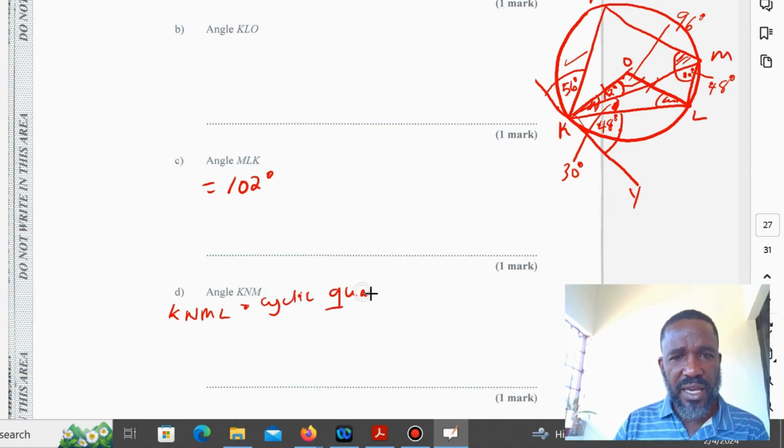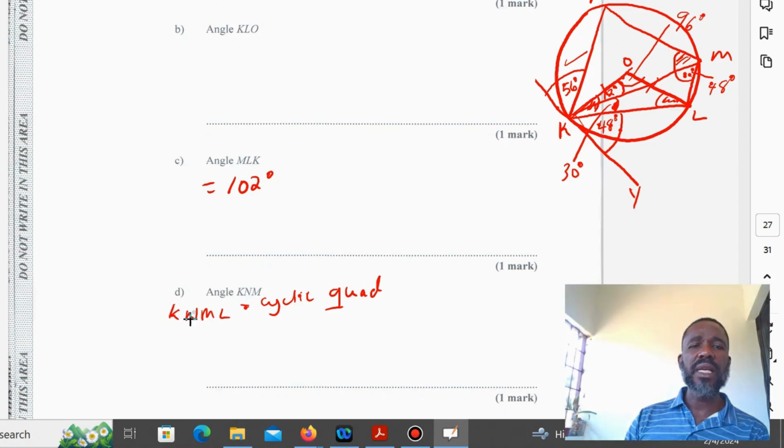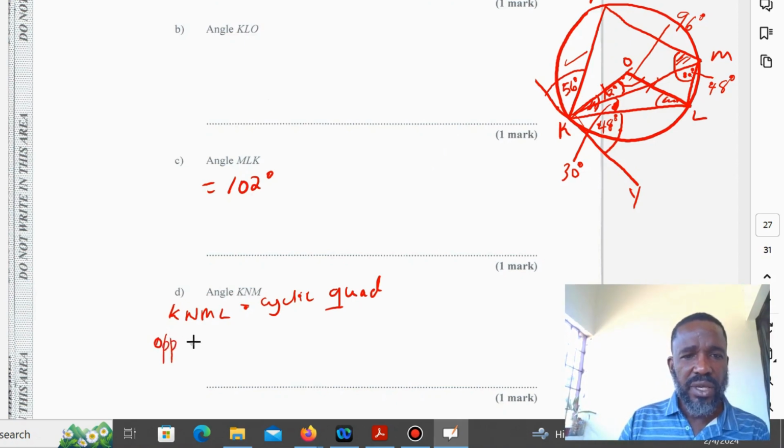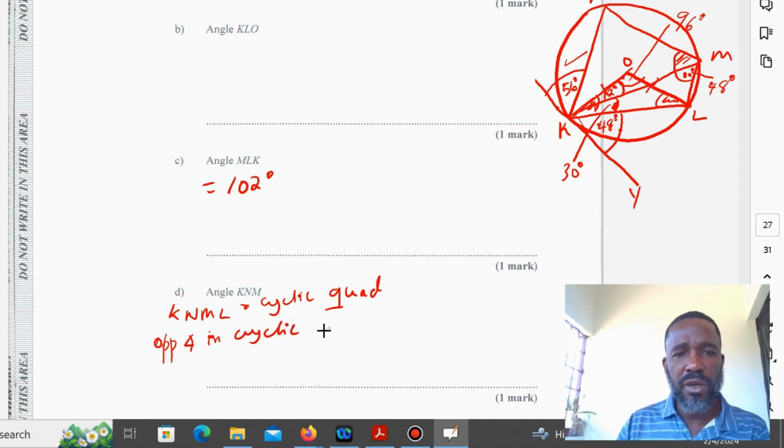So if it is a cyclic quadrilateral, what do we know about a cyclic quadrilateral? Is that opposite angles in a cyclic quadrilateral are supplementary.